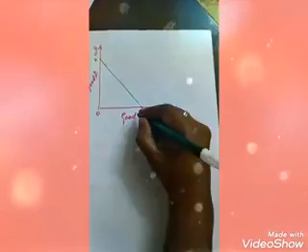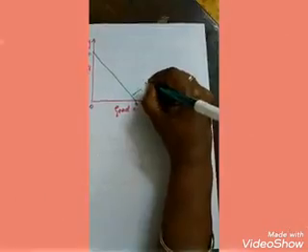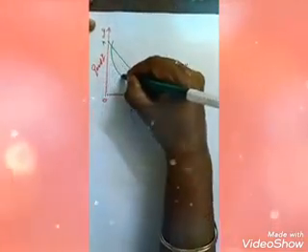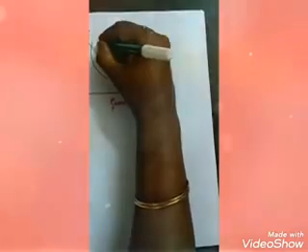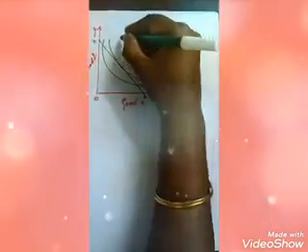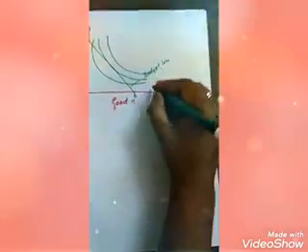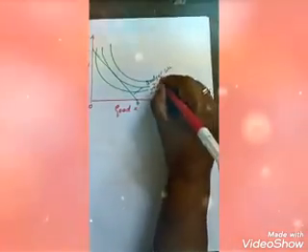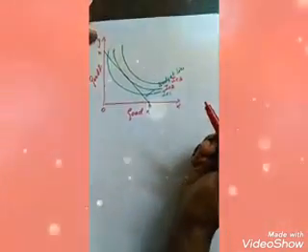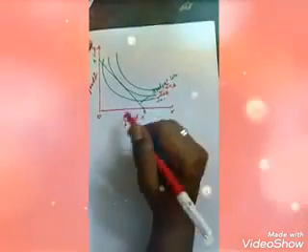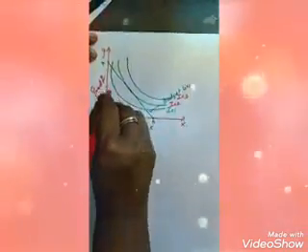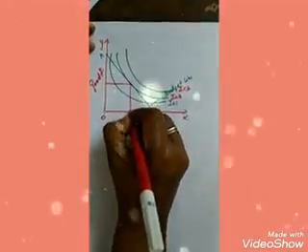AB is the budget line. How to draw the indifference curves? IC1, IC2, IC3. Where is the consumer getting the equilibrium? All three curves are indifference curves. Only in one place does the consumer get equilibrium.